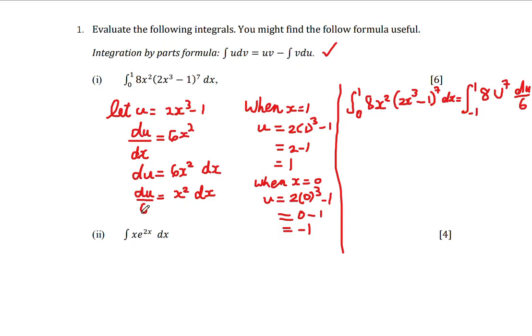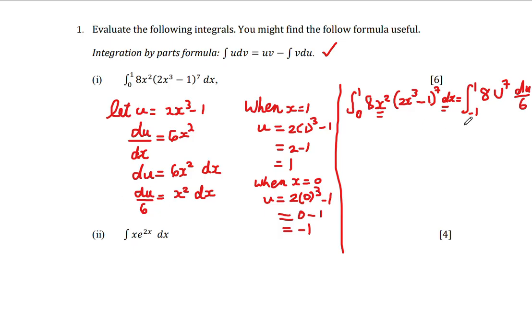Because remember we found that du upon 6 is the same as x squared dx. So x squared and dx here would be replaced by du over 6. Never mind the fact that they are not at the same place. You know the order of multiplication does not matter. So x squared dx would be replaced by du over 6, which we found right here.